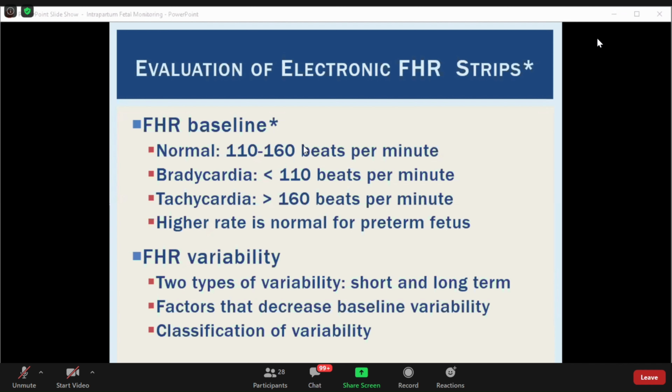As I mentioned, a higher rate is normal for preterms. Now, variability, I am not going to hold you to understanding the intricacies of variability. However, I expect you to understand what variability is and that there should be some variability, all right?